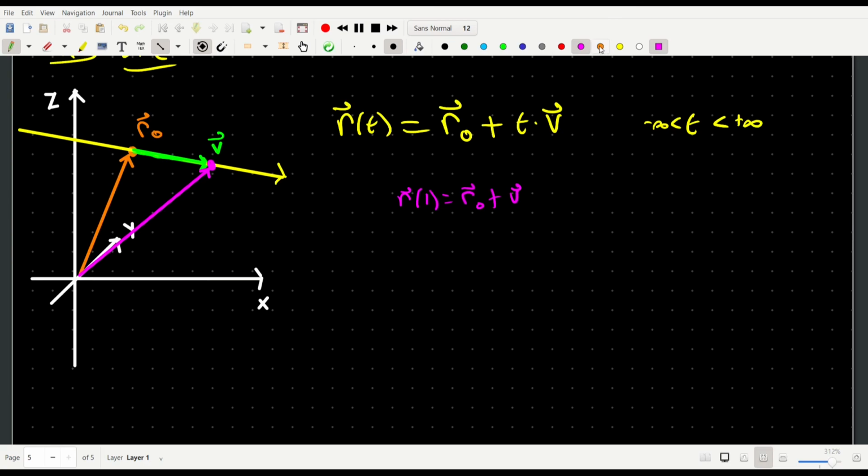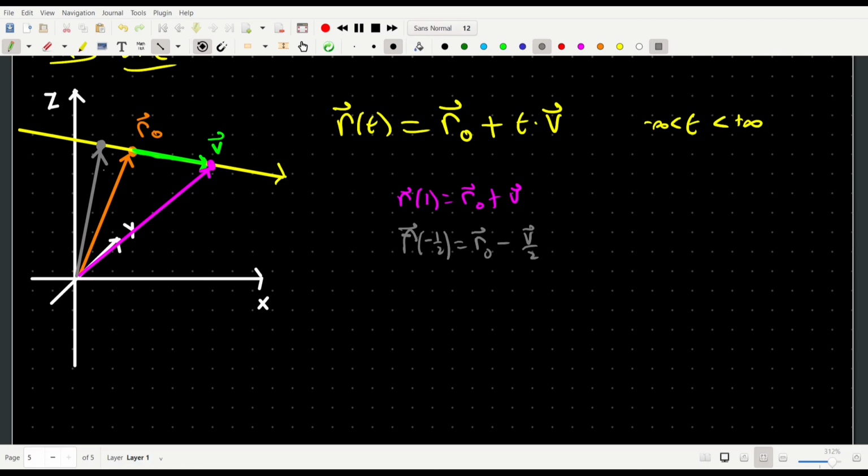r naught plus negative 1/2 times v. For r of negative 1/2 is going to be r naught minus v over 2, which is going to give you this position vector right here.